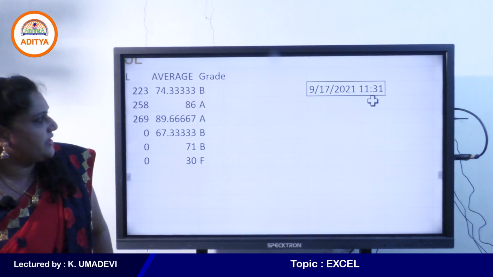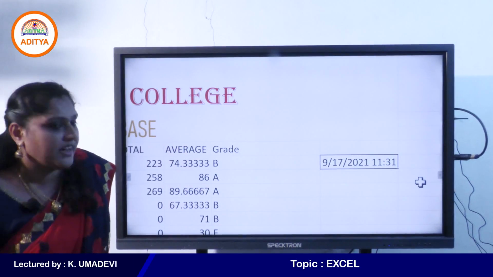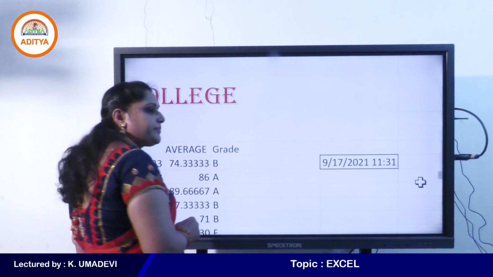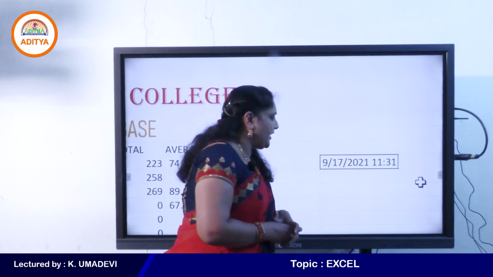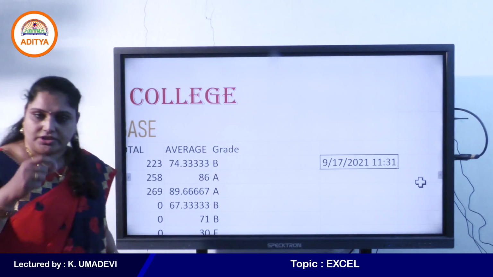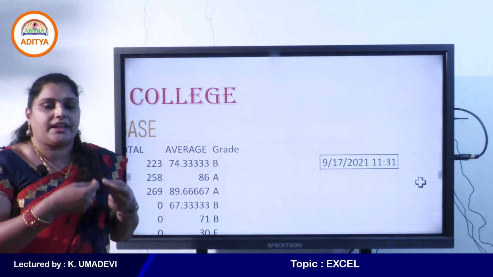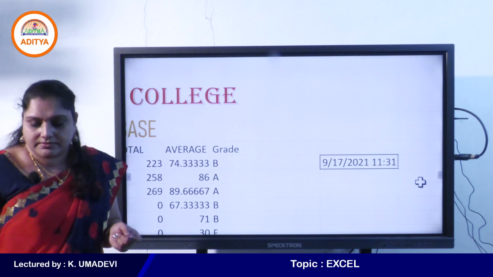What is the result, students? The NOW function is used to display the current time and date. Today's date is 17 and the current time is 11:31, right? NOW is used to display current time and date in any cell.